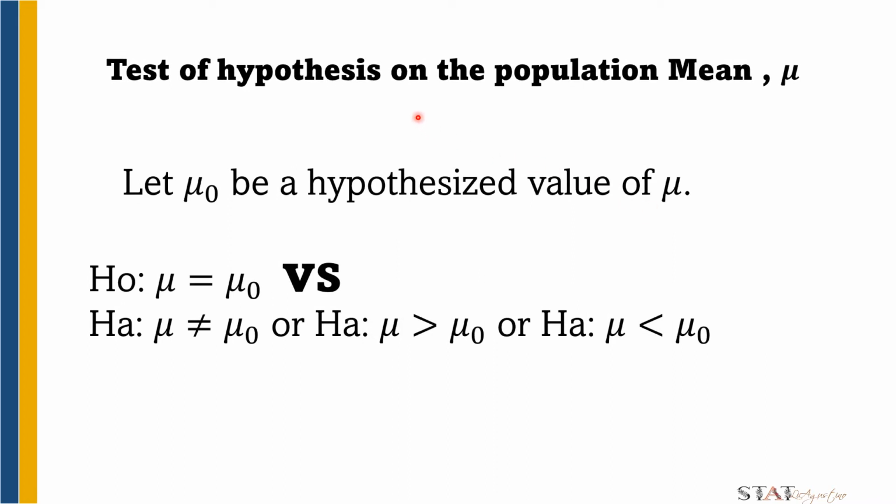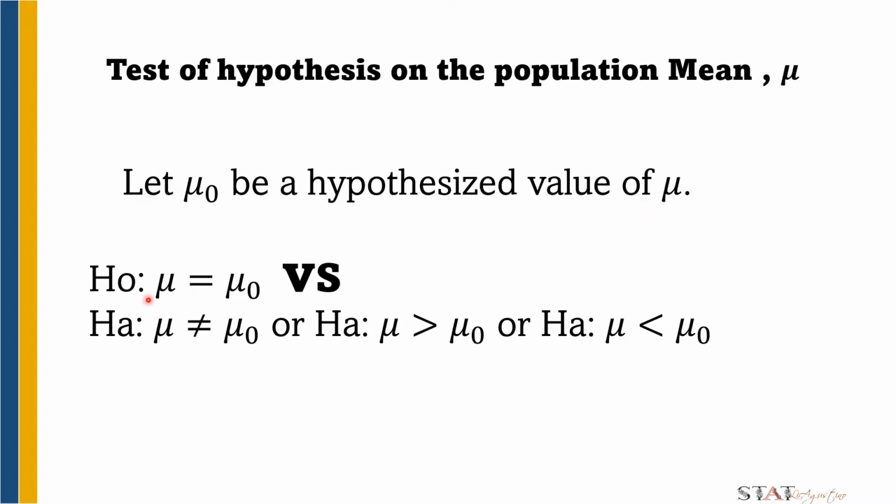Test of hypothesis on the population mean, denoted by mu. This is our population mean. Let mu naught, or mu sub 0, be a hypothesized value of your population mean.